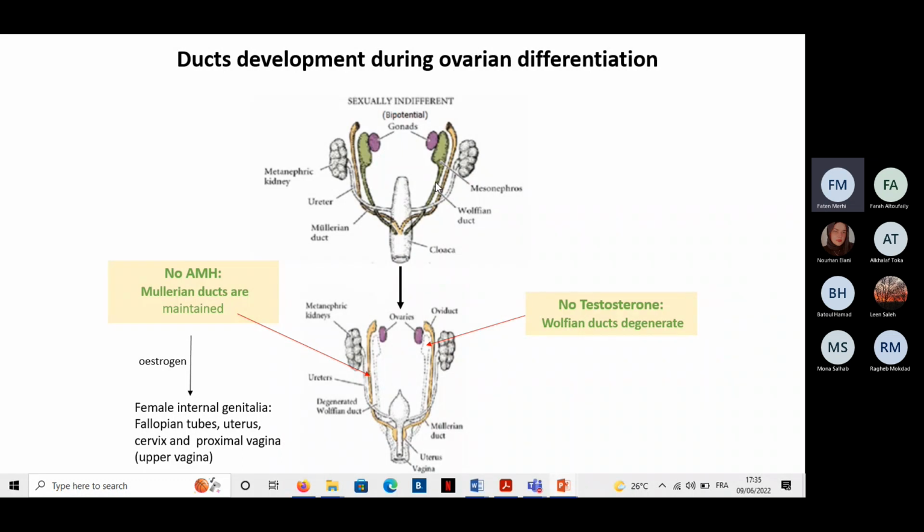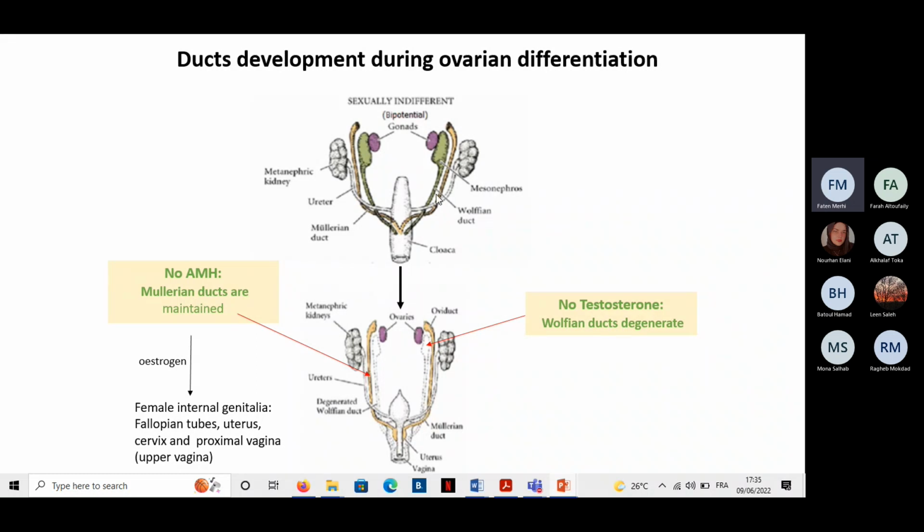We had Wolffian ducts and Mullerian ducts in both sexes, but now in the absence of an Sry gene, in the absence of the TDF protein, which is the product of the Sry gene, we will not have testosterone production. And since we don't have testosterone production, the Wolffian ducts will regress. Okay, so we will have a regression of the Wolffian ducts.